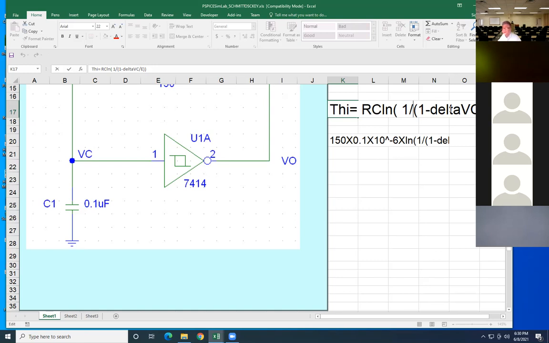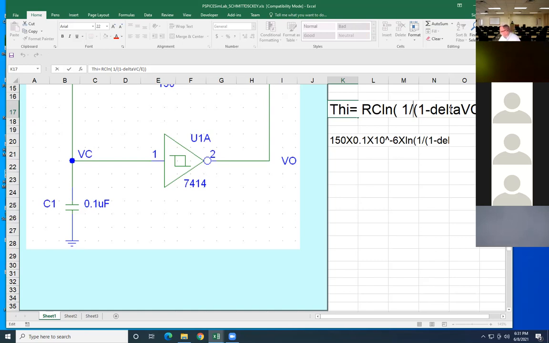Delta VC we get that 2.75 minus 1.6, right? Yes, 2.75 minus 1.67 equals 1.08.